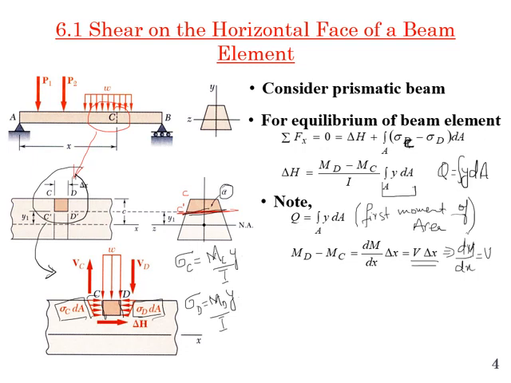So delta M, MD minus MC, is equal to V times delta X, that is the area under the shear force curve, or we can write it in this form as well.